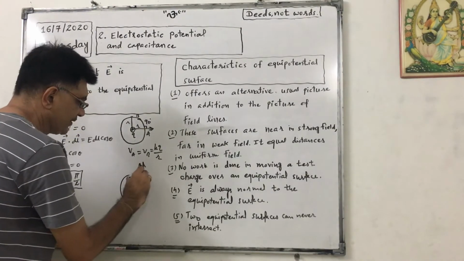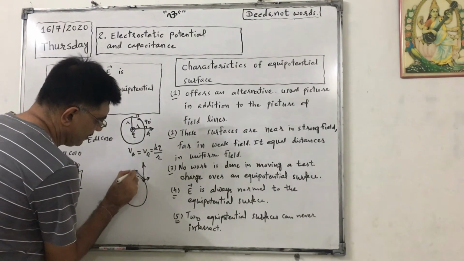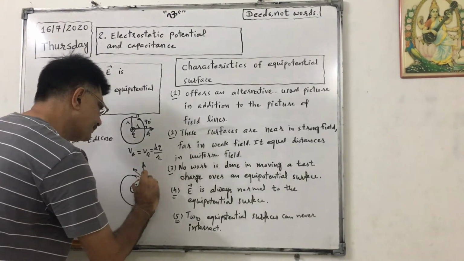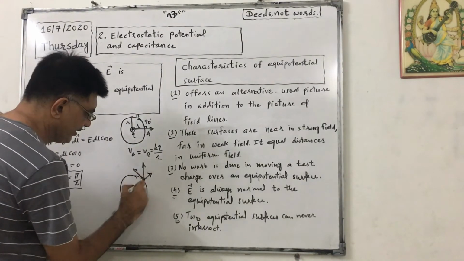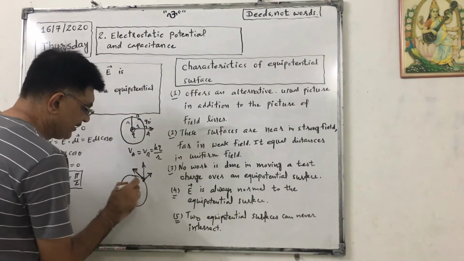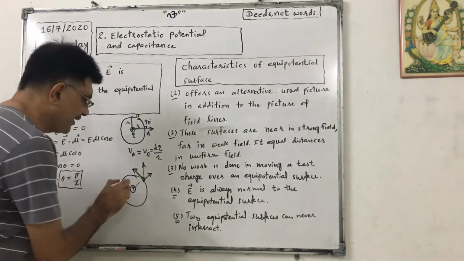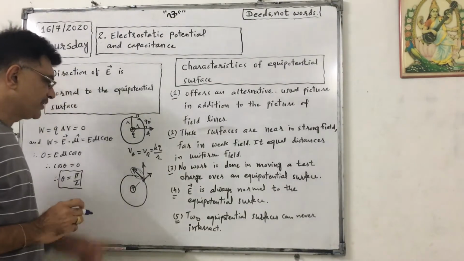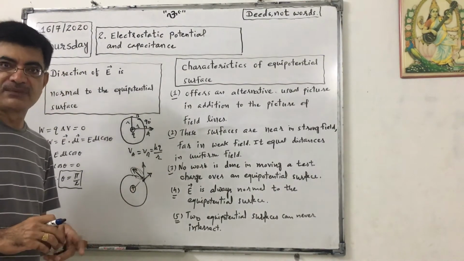This is tangent and this is perpendicular to the surface. This is not the case actually, no? But let us consider like that. In that case, due to this electric field, there will be some work due to this parallel component to the surface.